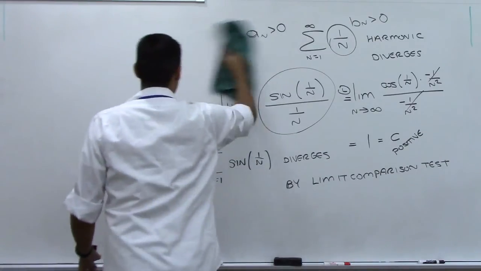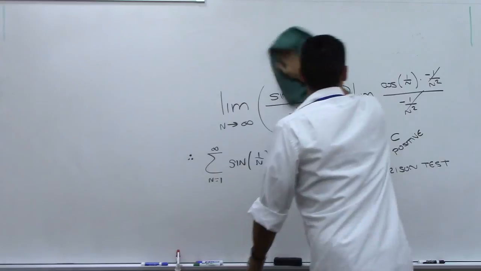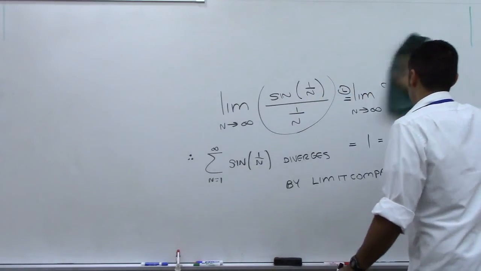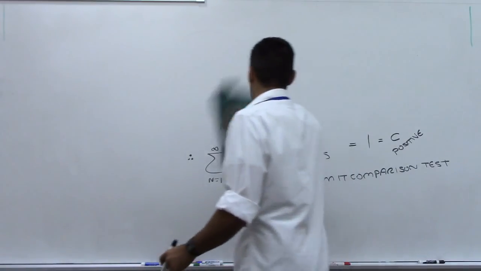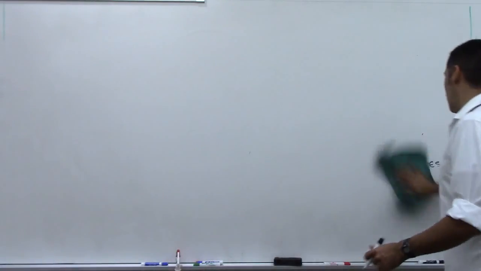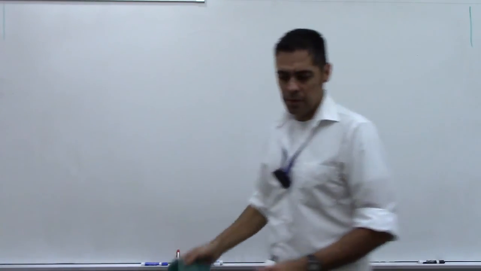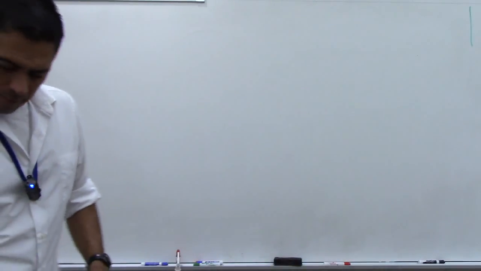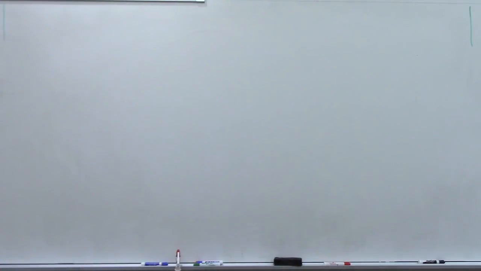So number 30 is going to be the same test. We're going to use the limit comparison test again. And then I think what I might do is go back and take a look at a couple of other problems you could have used the limit comparison test on. Let me do 30.